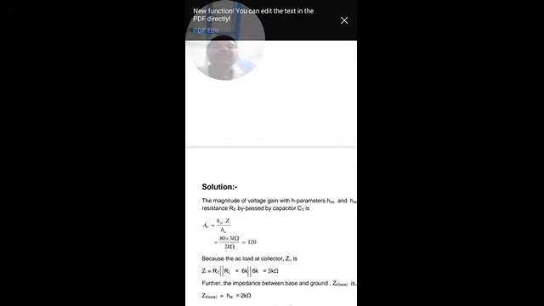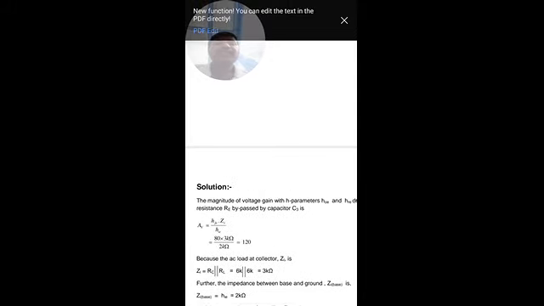See, the magnitudes of the H parameters HOE and HRE are very small, and we can use the approximate model of the H parameter model in CE configuration. RE is bypassed by capacitor C3 and C1, C2 are short circuited. So we have the equation for voltage gain: AV is AI into load resistance by input resistance.